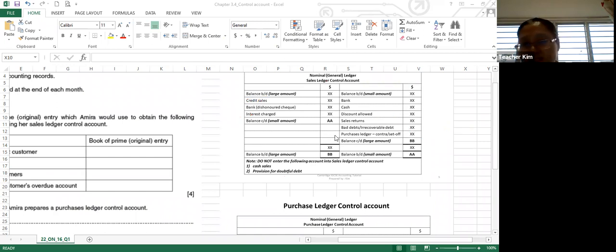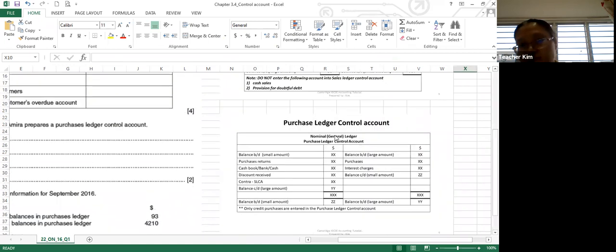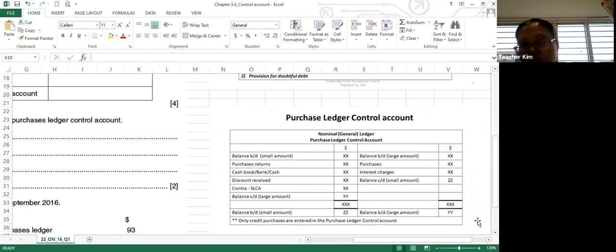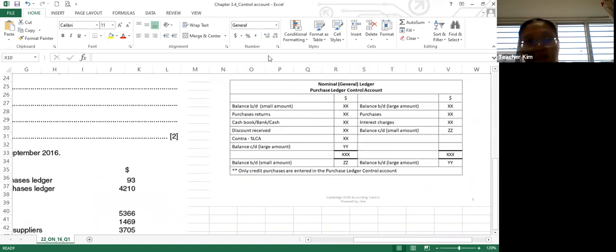Okay, come to the purchases ledger. The purchases ledger control account is opposite to the sales ledger control account. Balance brought down is on the credit side because this is a current liability, trade payable.